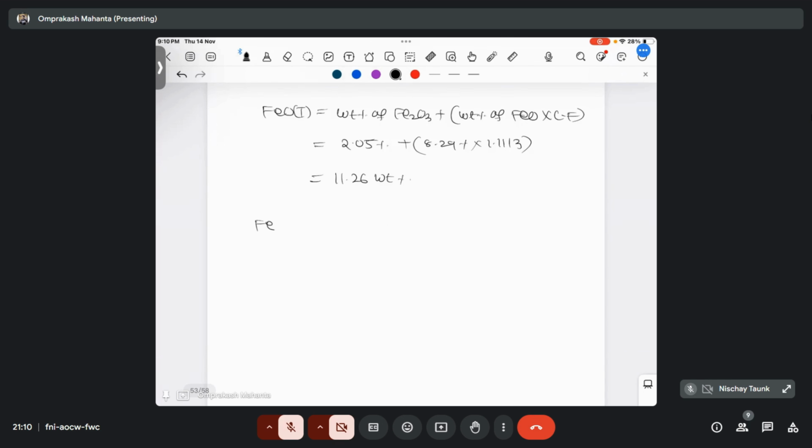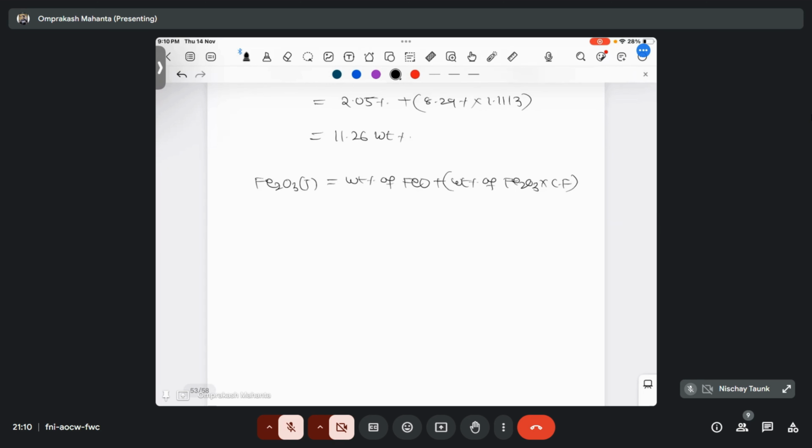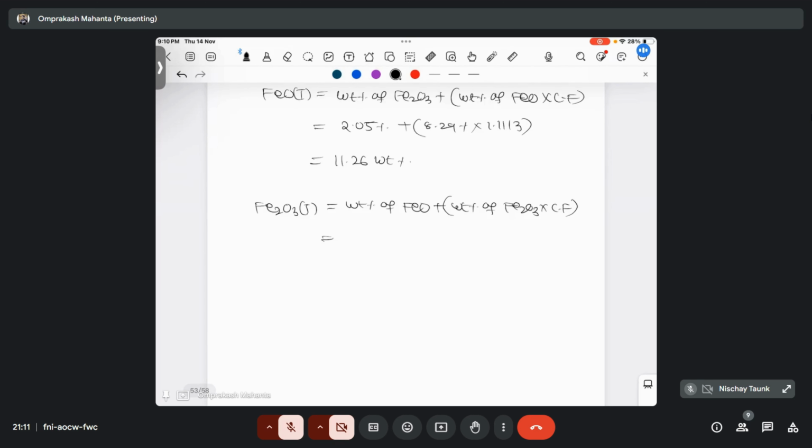Similarly, the Fe2O3 total would be the weight percent of FeO plus the weight percent of Fe2O3 into the conversion factor. CF is your conversion factor, that's GFW by EW. So the weight percent of FeO is 8.29 percent plus 2.05, and the conversion factor of Fe2O3 is 0.8998.